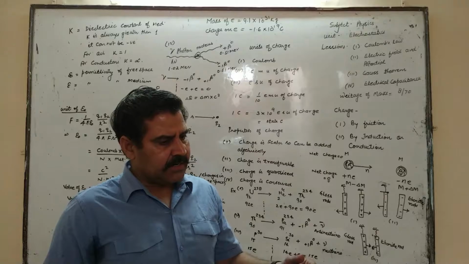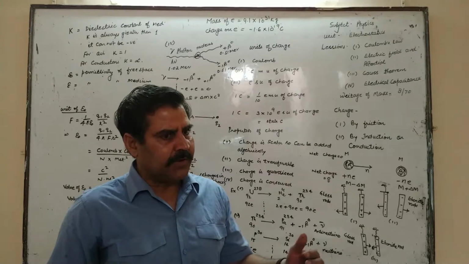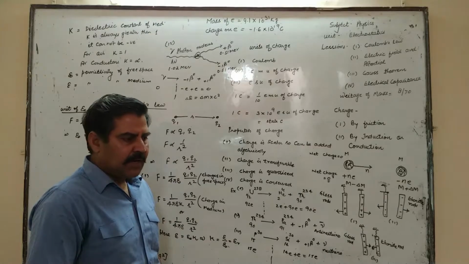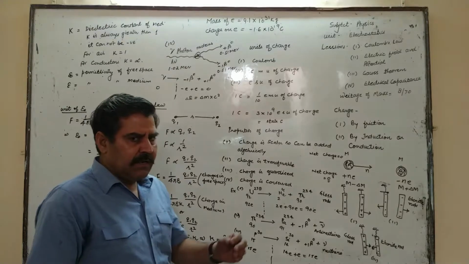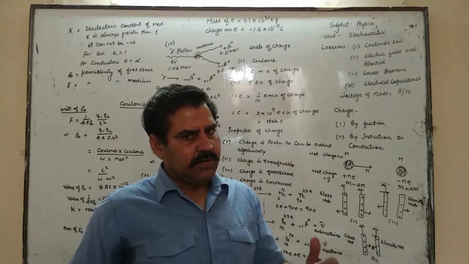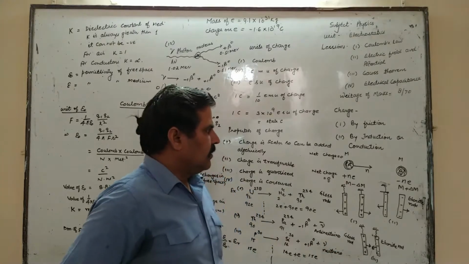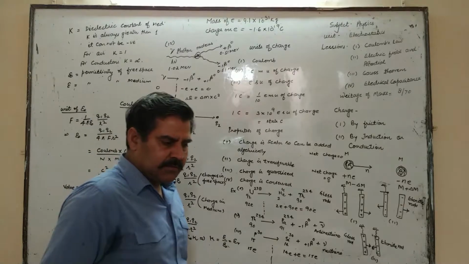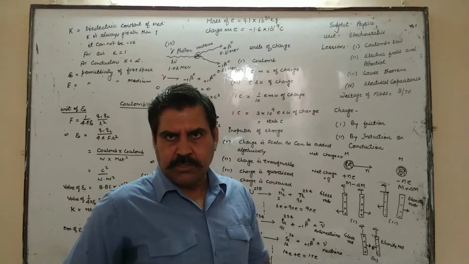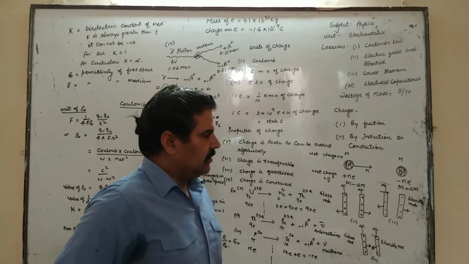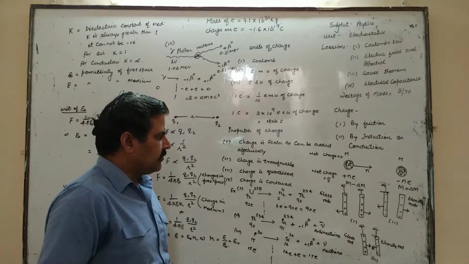So the body from where electrons are transferred becomes positively charged, and the body at which electrons are collected becomes negatively charged. So remember, if there is shortage of electrons, the body is positively charged, and if there is an excess of electrons, then the body is negatively charged.